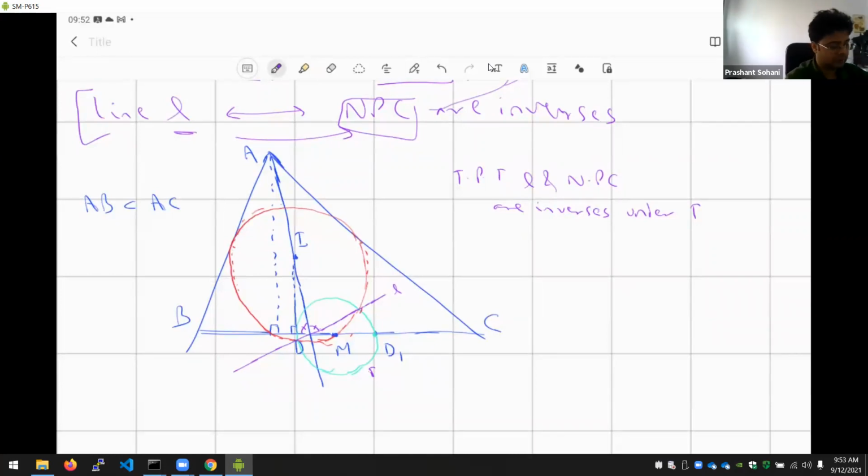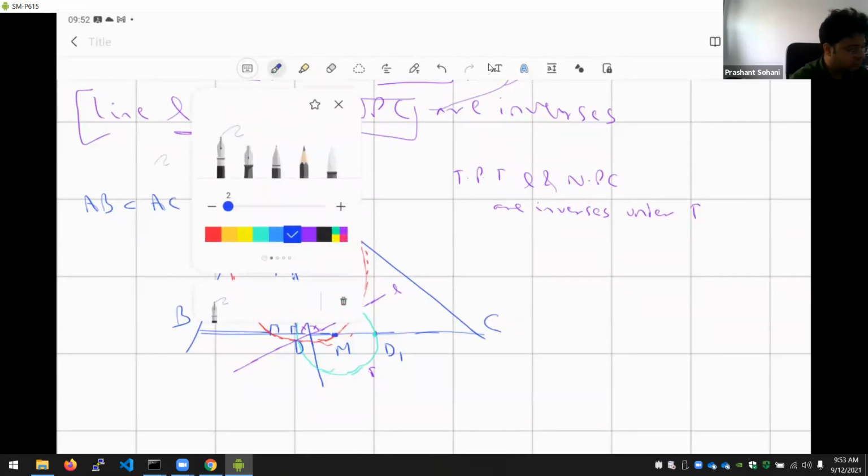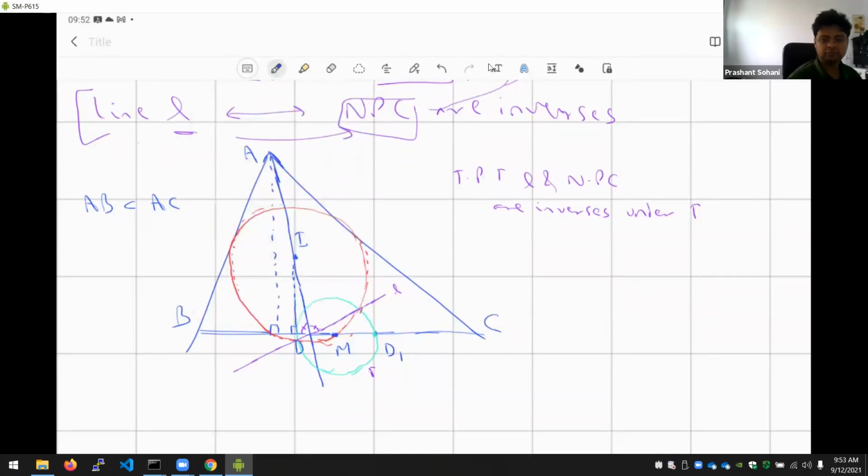Okay, so I will give you the answer, but just to break this problem into smaller ones. This is always the trick. How do you break this seemingly complicated statement into something simpler that we can prove? To prove that this line and circle are inverses, what is sufficient? What are the things that if we show those things, then we are done?